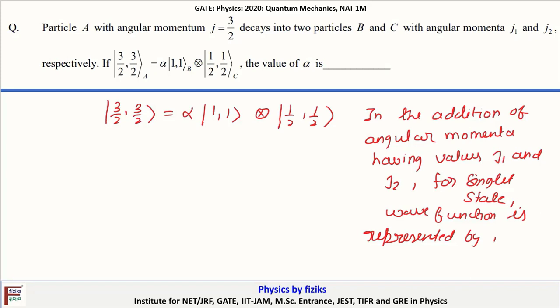Since it is a singlet state, our wave function would simply be 1 1 covariant 1 by 2 and 1 by 2. So if we compare the value of alpha from both these equations, we would get 1.